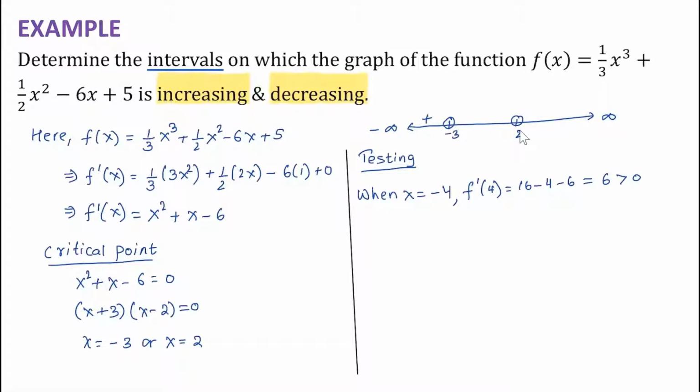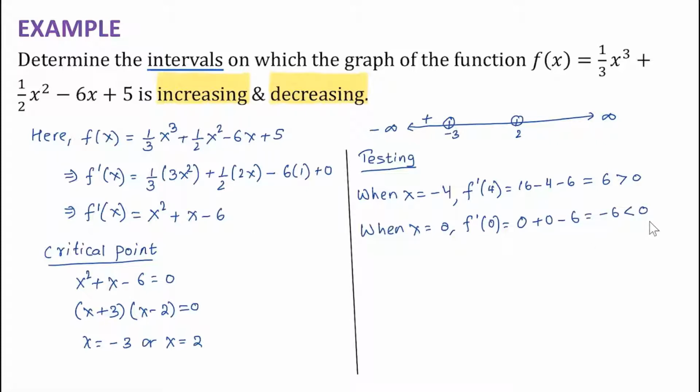Now let's find out what is going on in this interval. The best number that you can plug in is 0. When x equal to 0, your first derivative will be 0 squared plus 0 minus 6, which is equal to negative 6.